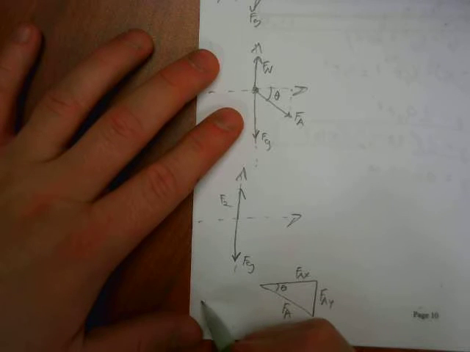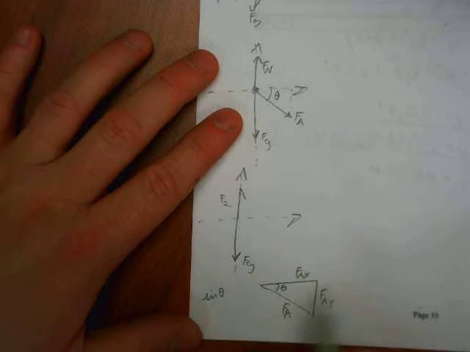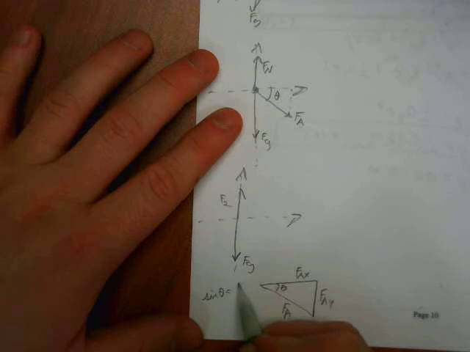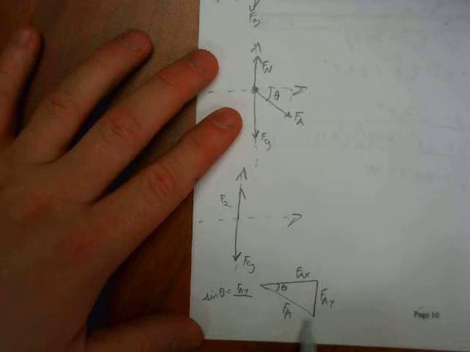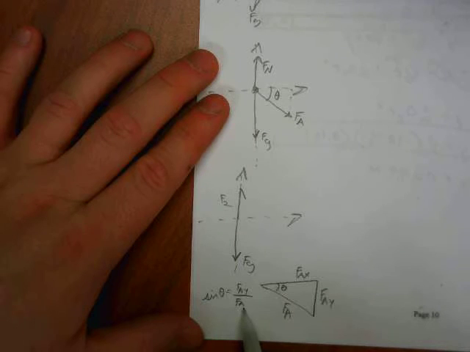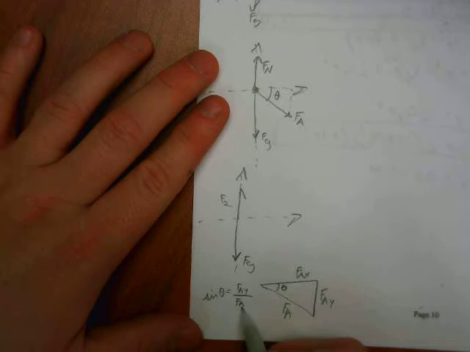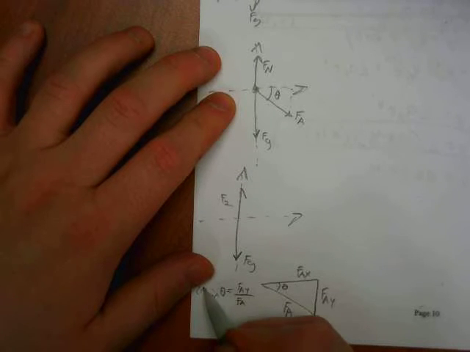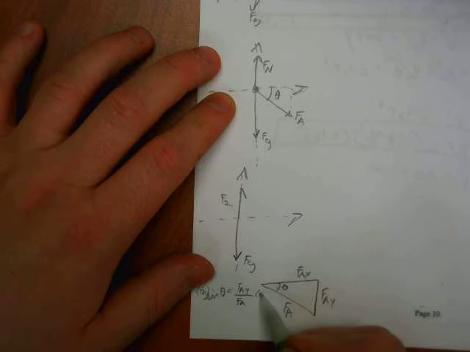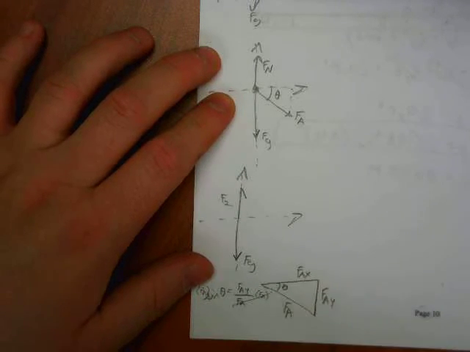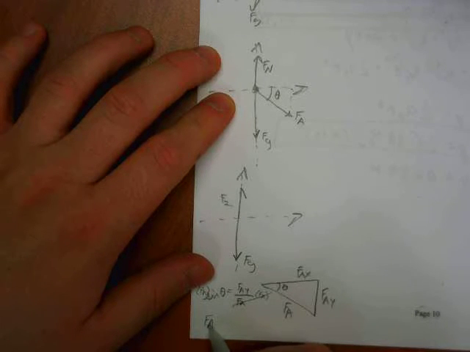And sine of theta is opposite FAY over the hypotenuse, which is just FA. So now multiply each side by FA. That cancels. So FAY equals FA sine of theta.